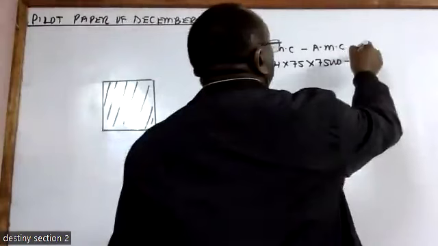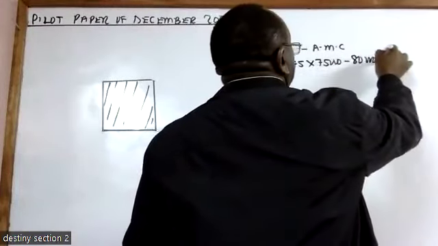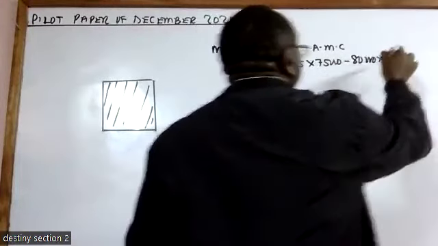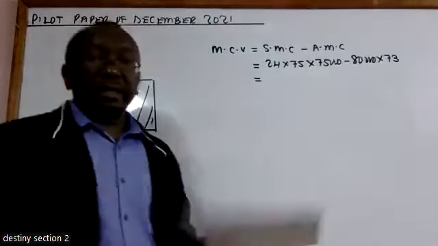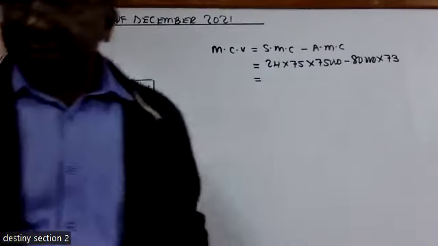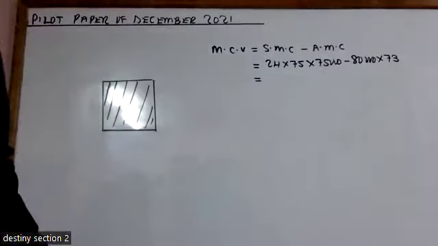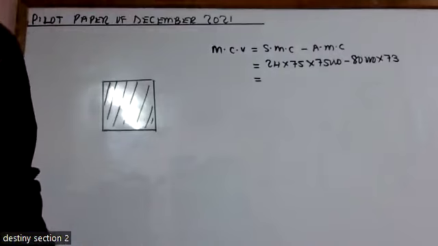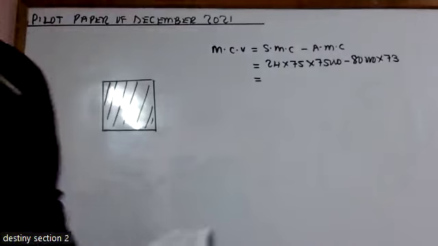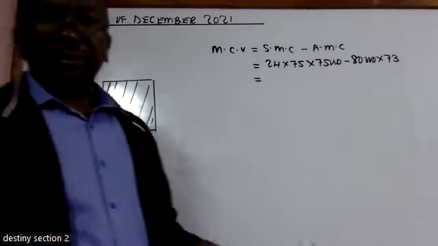So the actual cost will be 80,000 multiplied by 73. So that is what will give us the material cost variance.